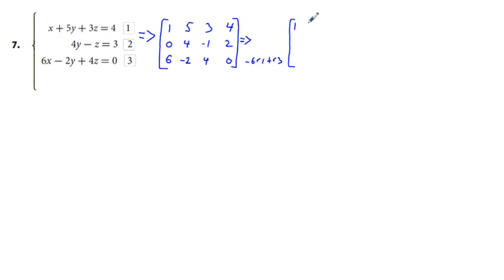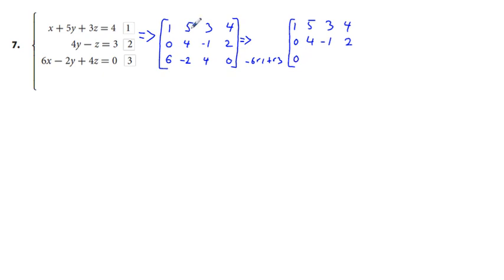So 1, 5, 3, 4. And the second row is 0, 4, negative 1, 2. And the last row, we're going to take negative 6 R1 plus R3. Well, negative 6 times 1 is negative 6 plus R3, that's going to be 0.